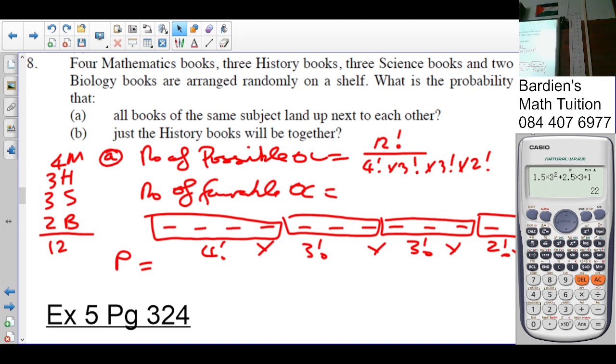So it's going to be 4 factorial times 3 factorial times 3 factorial times 2 factorial times 4 factorial, over 12 factorial over 4 factorial times 3 factorial times 3 factorial times 2 factorial.